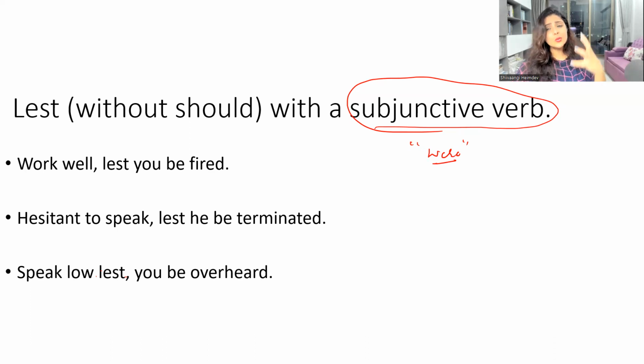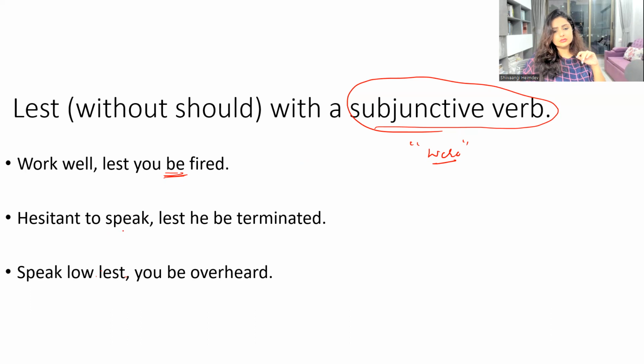So whenever you're imagining a consequence, that is also when you can make use of a subjunctive verb, and you can use it along with lest. So: work well, lest you be fired. Be in this case is a subjunctive verb.